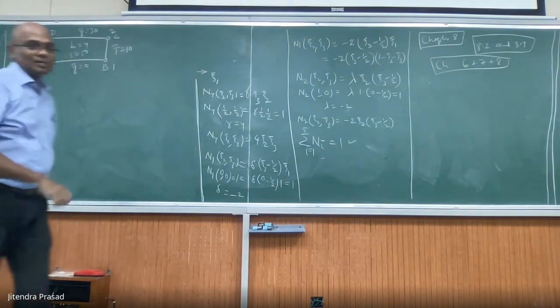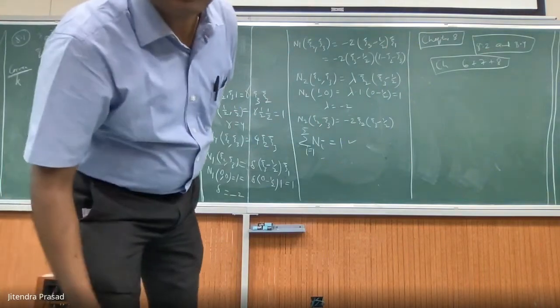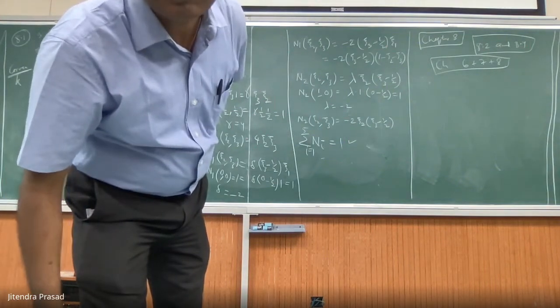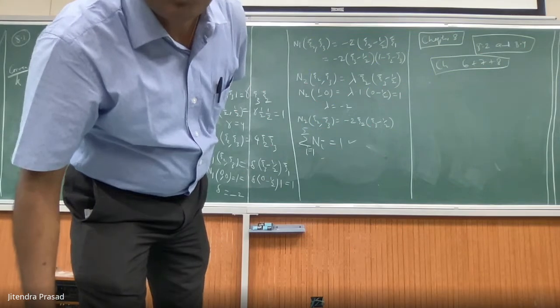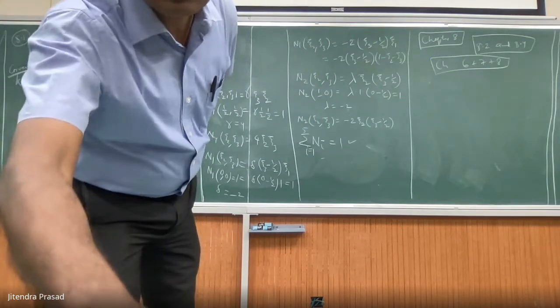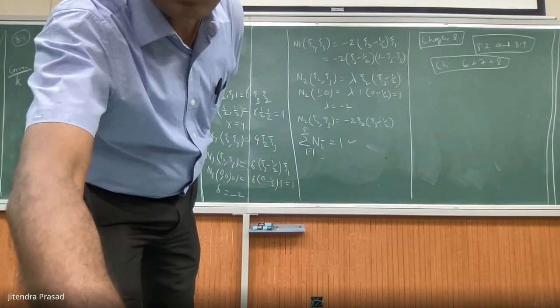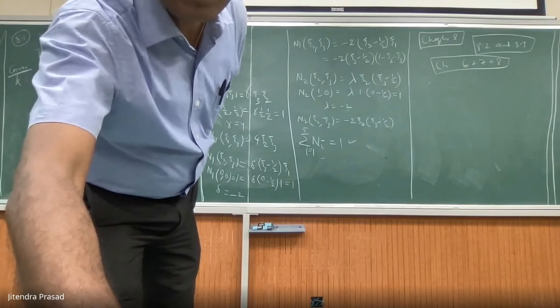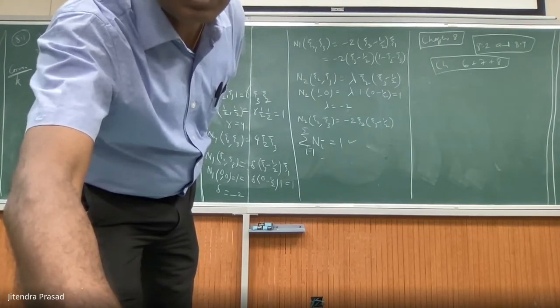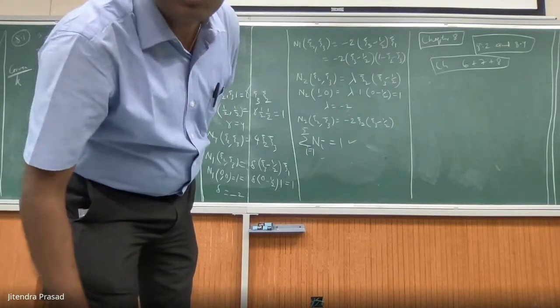So the node numbering is given like this, so that the local and global node numbering coincide. We have 1, 2, 3, 4.